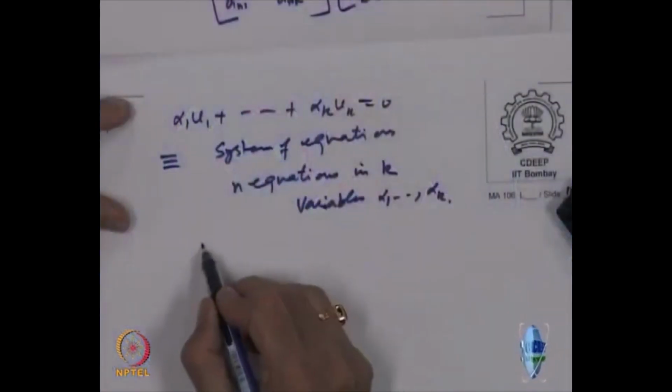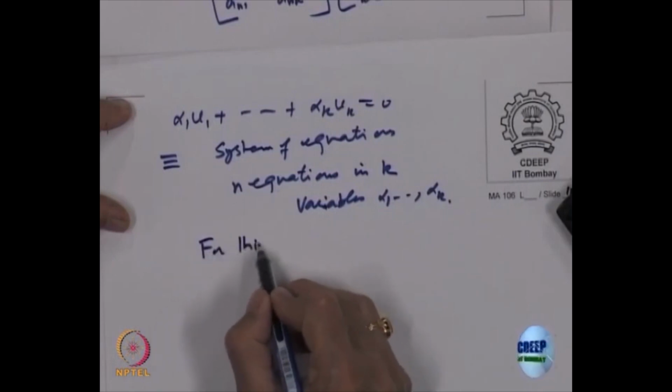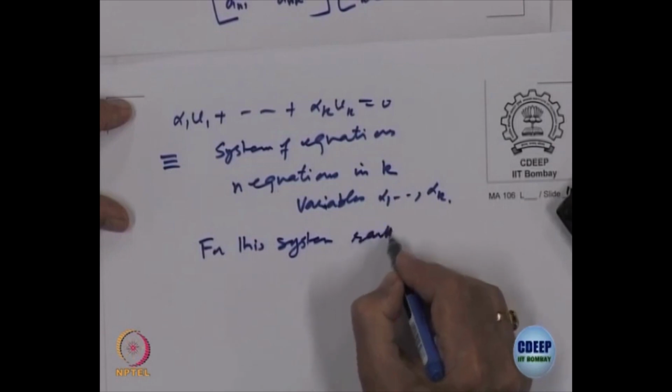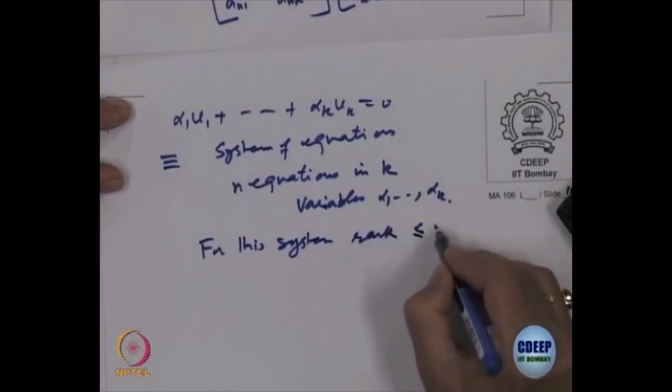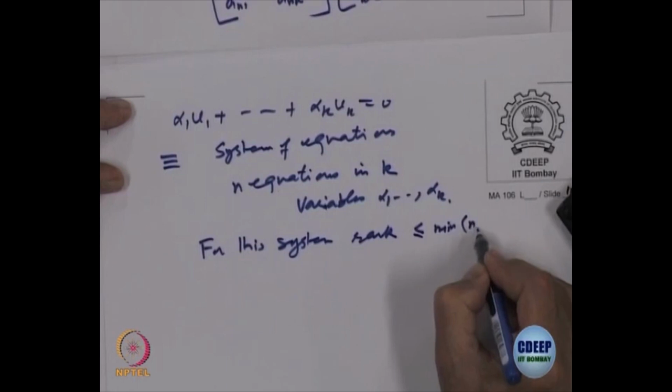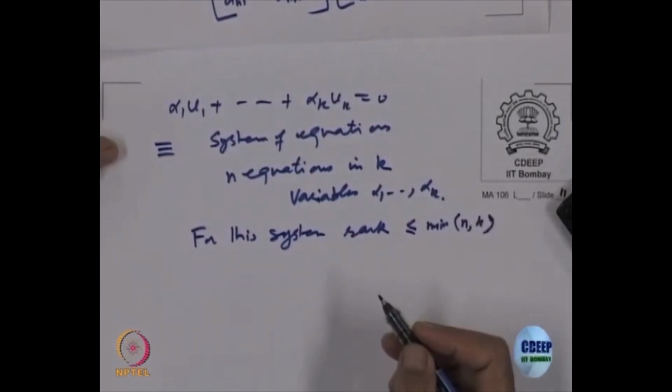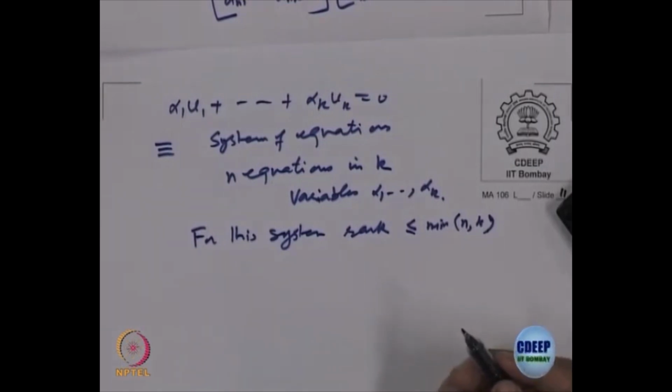When the rank is less than the number of variables, not the full rank. Here, what is the rank possible for this system? The rank should be at most the minimum of n and k, the minimum of the number of rows and the number of columns.